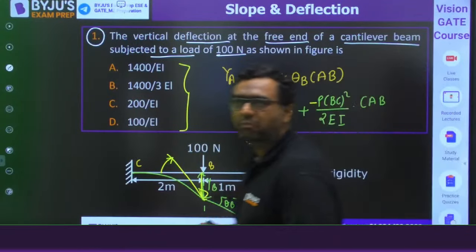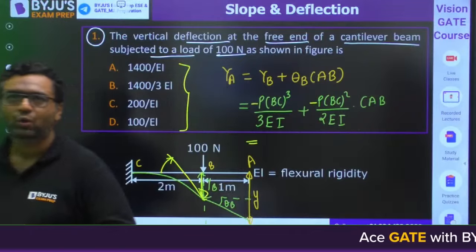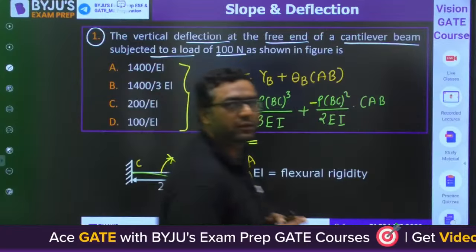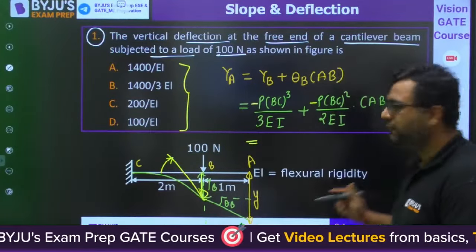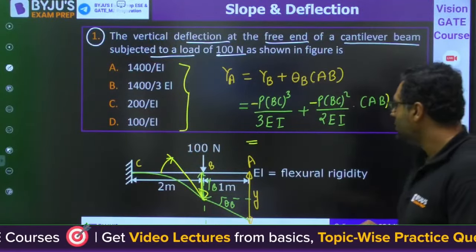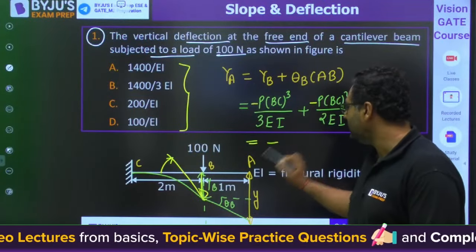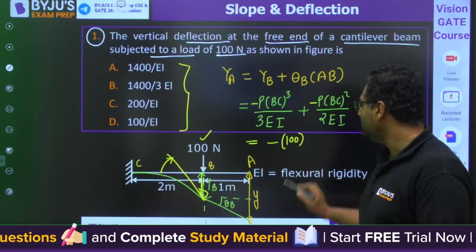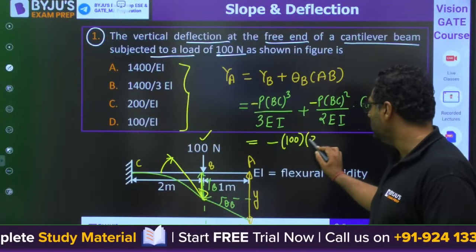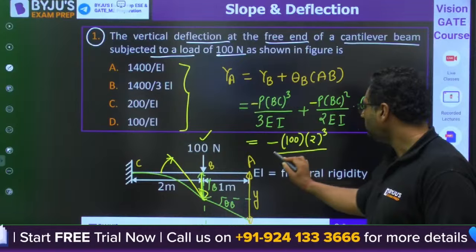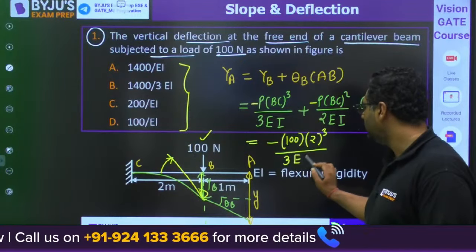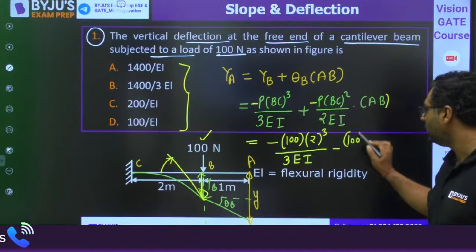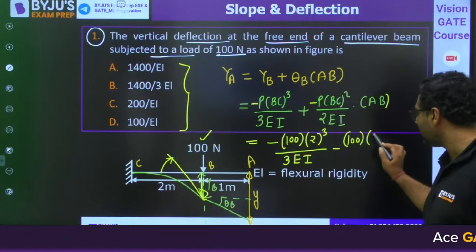Samir, Vineet, Malesh, Darshan, Rolex, everybody, please tell me the answer. So minus P, what is P? 100 Newton. What is BC? 2. 3 EI. In the deflection questions, length is there.